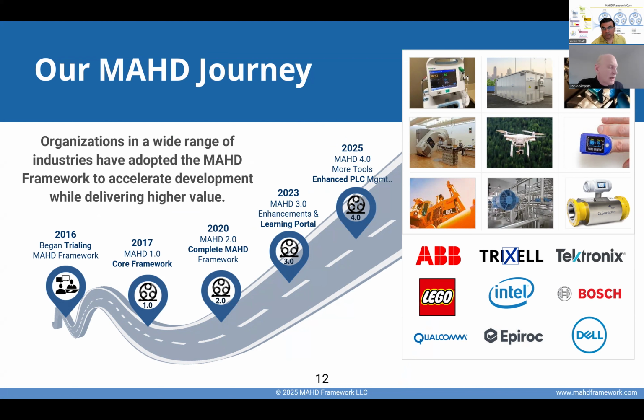And since then, we have worked with a wide range of companies in different industries, really polishing it into a set of methods that's a proven flexible approach for hardware development. And we really look forward to releasing MAHD 4.0 next quarter. It's going to really add some more tools and really think about guidance across the entire product lifecycle. So we released MAHD 2.0.